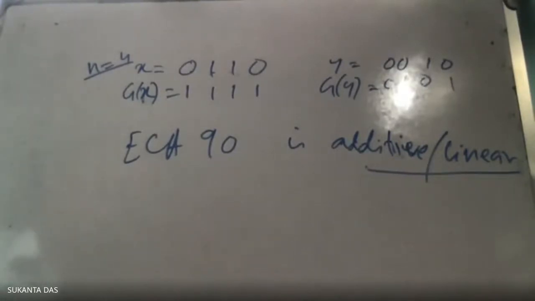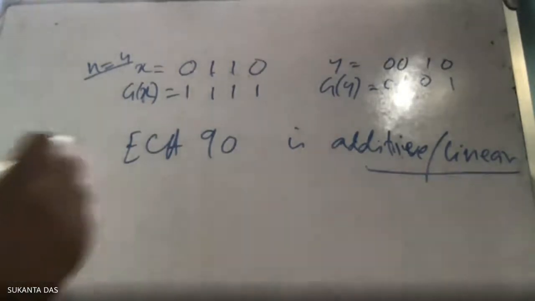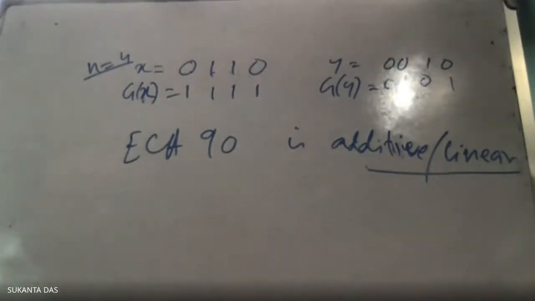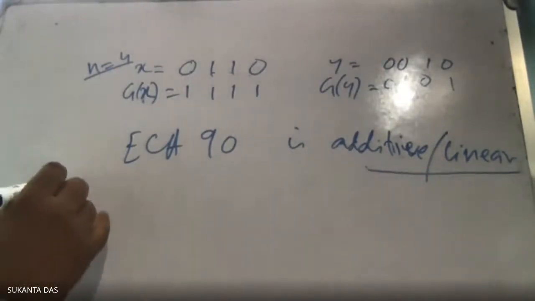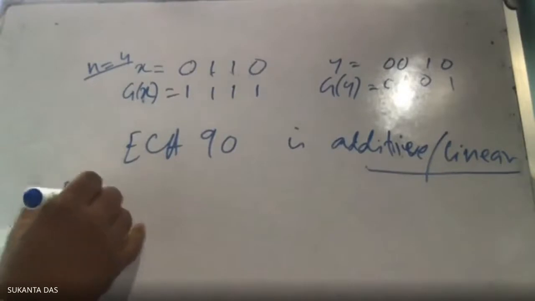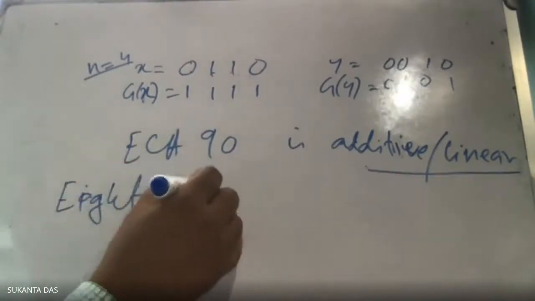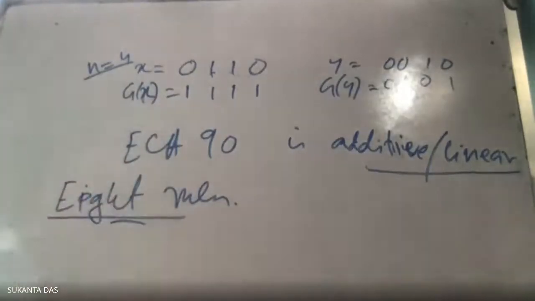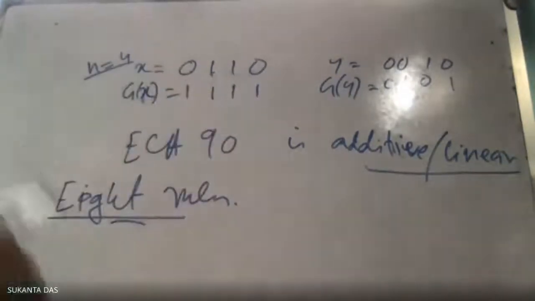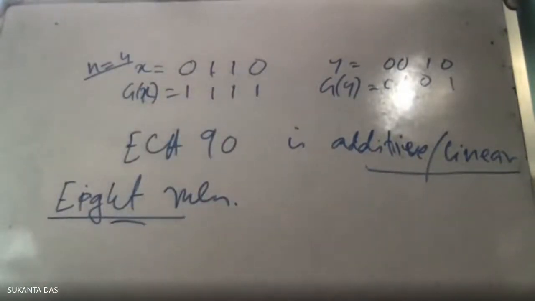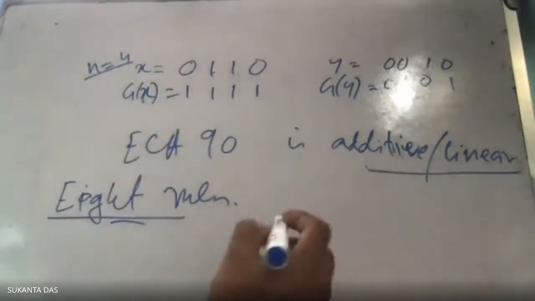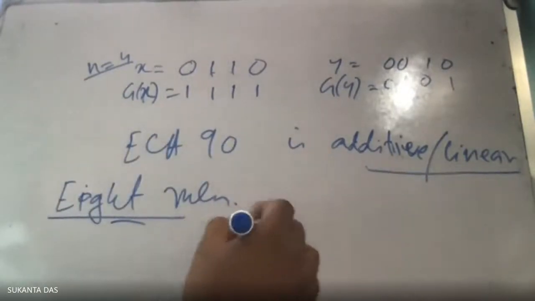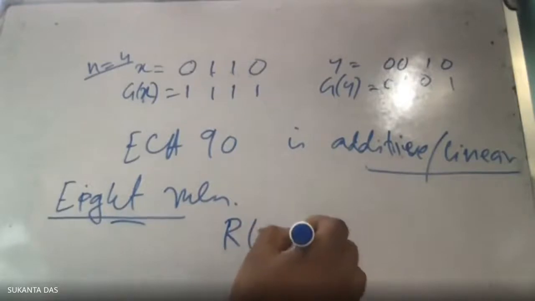How many rules are there to be additive? How many rules are there in case of ECA that are linear? There are only 8 rules possible which are linear. How am I getting 8 rules? It's obvious actually. Say my rule is a function of x, y, z.